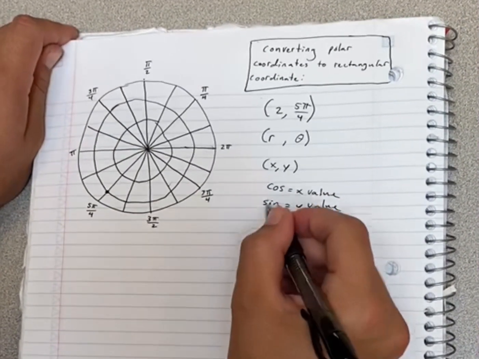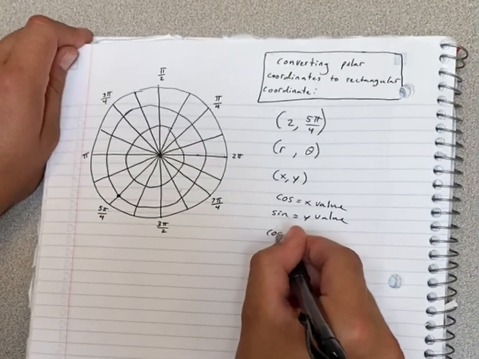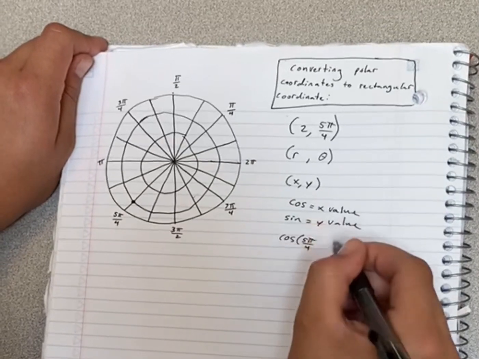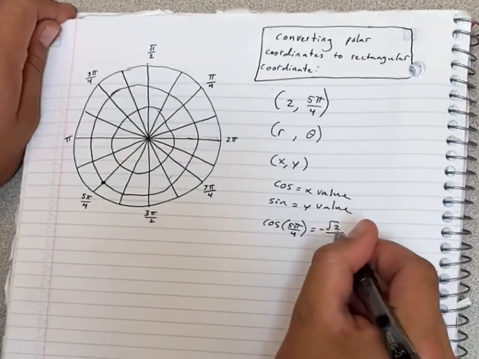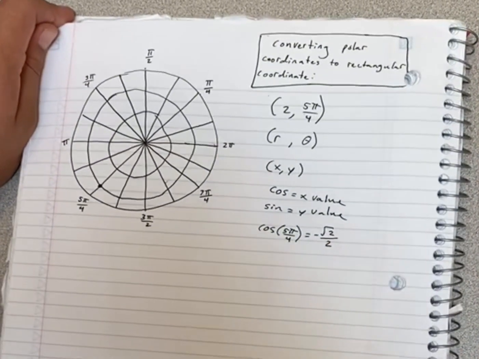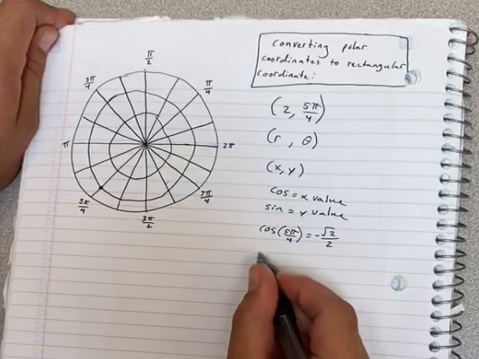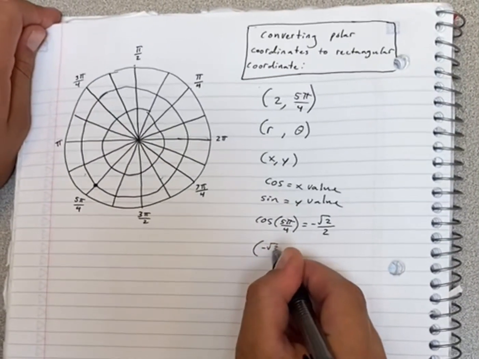So let's find the cosine of 5 pi over 4. Cosine of 5 pi over 4 is going to be negative square root of 2 over 2. Now that is our x value for this point. So we're gonna go right here, let's plot that.